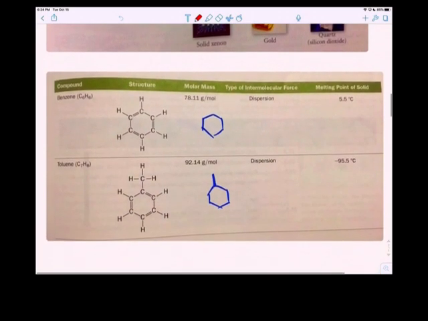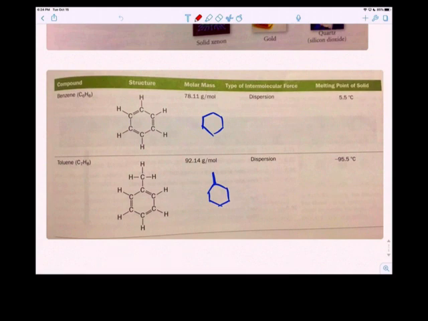Okay, and let me talk about benzene and toluene. So I've drawn it this way. And there is a break in here. Benzene has a melting point of 5.5, and toluene has a melting point of close to negative 100 degrees Celsius.